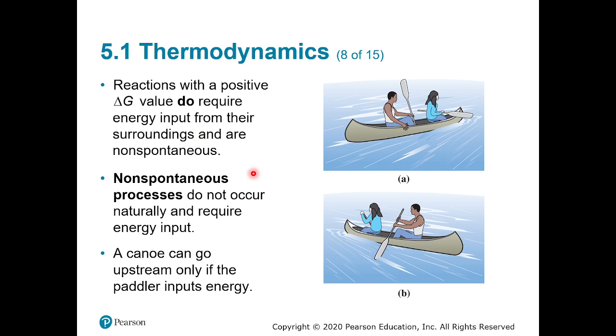So that's called a non-spontaneous process. They don't occur naturally. They require you to input energy for them to occur. If we go the other direction, that is a spontaneous process, right?